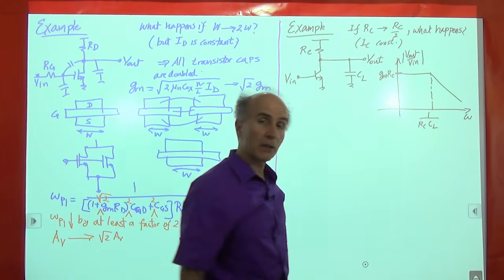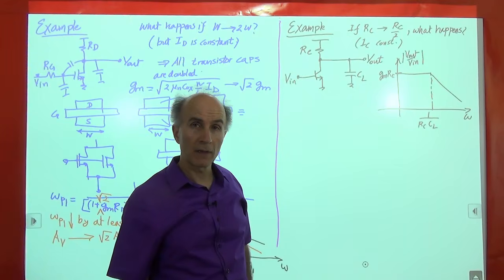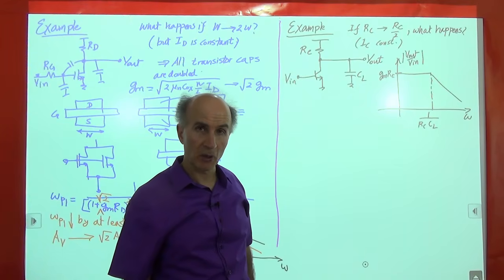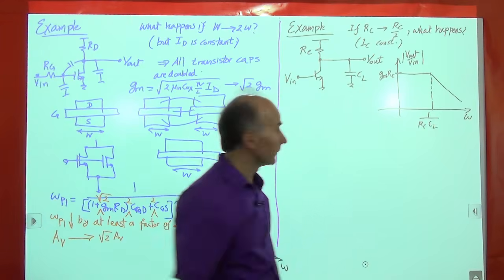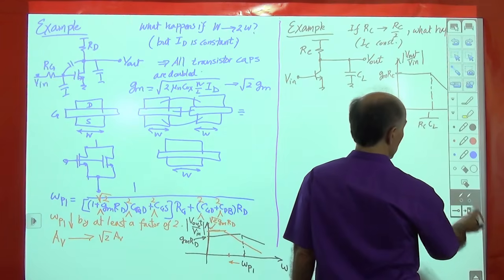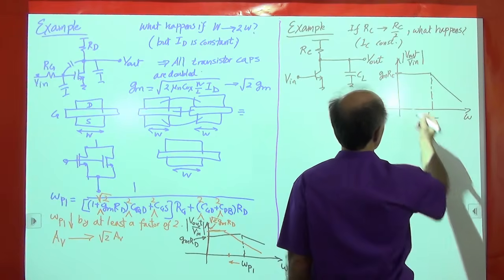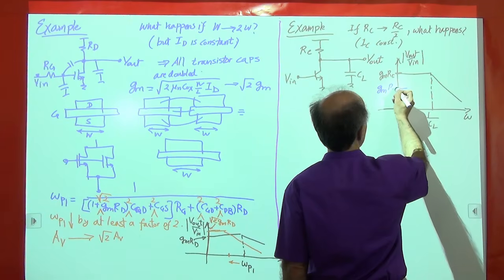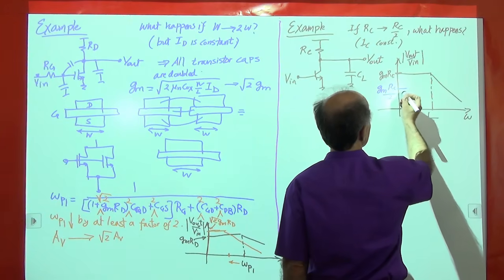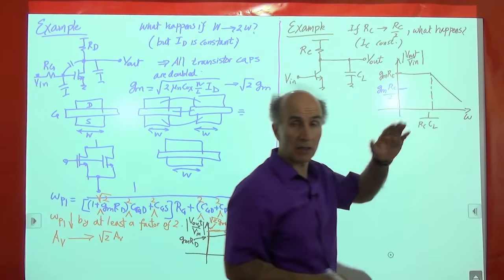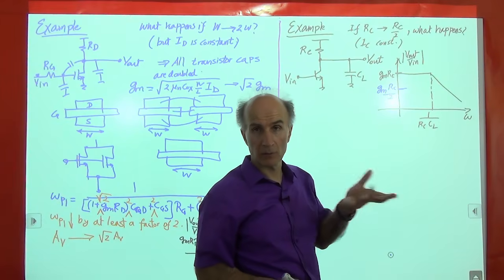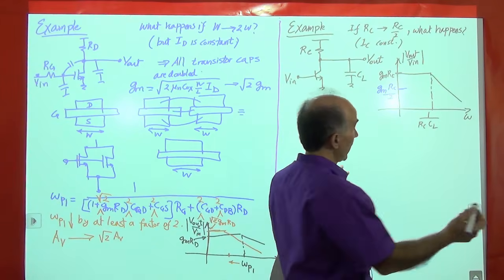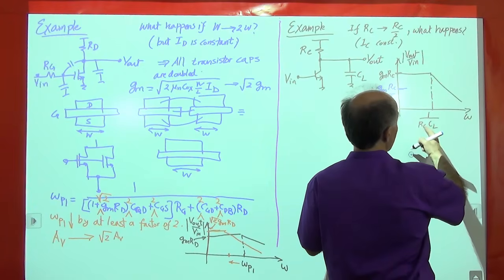Now I came along and I reduced the collector resistance by a factor of 2. So we switch our color. Now we are at GMRC over 2. So the gain is now lower, right? The low frequency gain is lower, but the bandwidth is doubled because RC is halved.